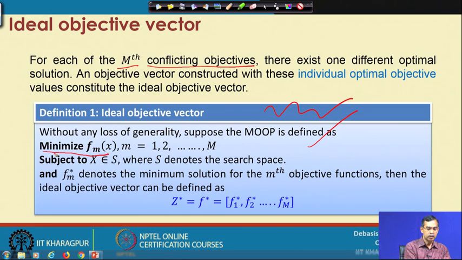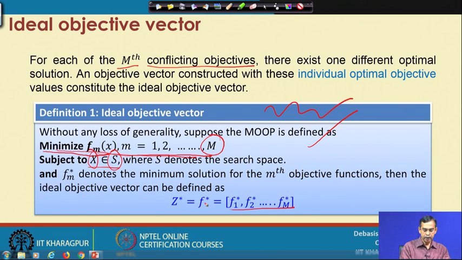So, let us consider there are m total objective functions, each of which is to be minimized, subject to x in S, where S denotes the search space. That means we have to find a solution x in the search space S which satisfies all the criteria simultaneously.